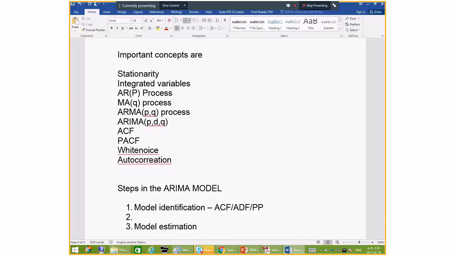By using this, we identify our ARIMA model: the number of P's, the number of D, meaning first or second differences, and the number of moving averages, PDQ. They are all simple. P means the number of autoregressions.